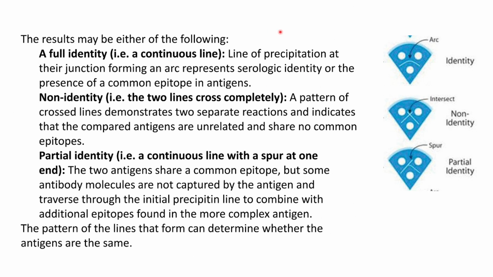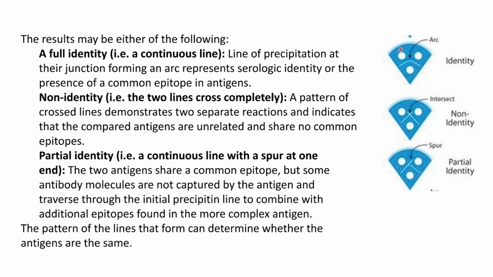So the results of this method can be interpreted in one of these three ways. One is a full identity, that is a continuous line, as you could see here in this first image. The line of precipitation at the junction forms an arc which represents serologic identity or the presence of a common epitope in antigen. Like we said, the middle well over here is the antibody, and the other wells are antigens.